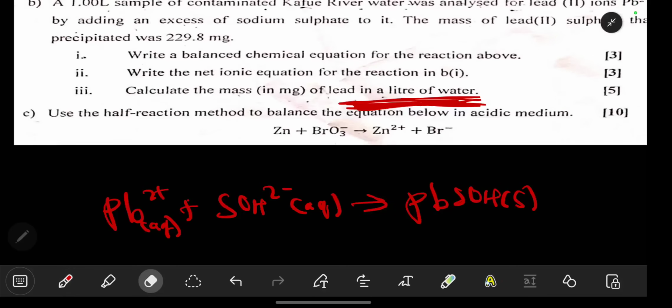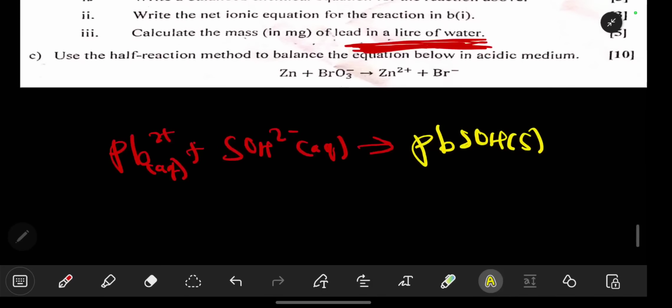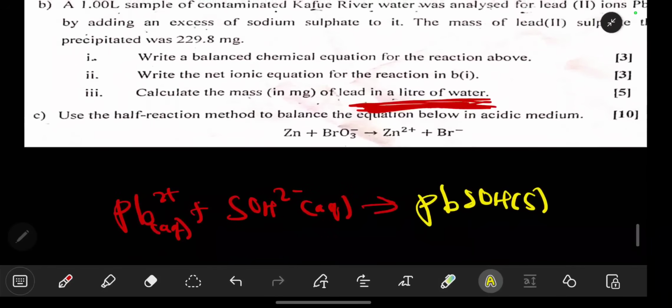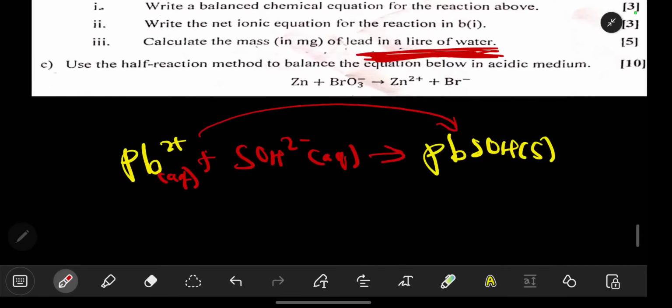So what we are going to do is use the concept that we used before. The mass of lead in the liter of water: we know that all the lead that is here is what has caused the precipitate. So we are going to use this approach.